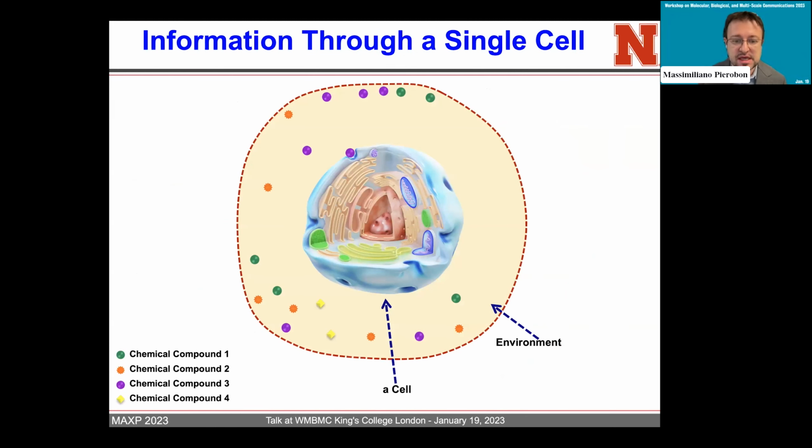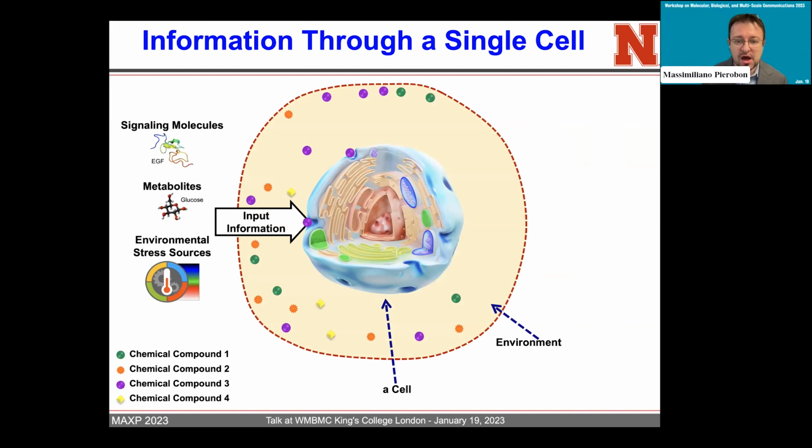If we isolate a single cell, we can understand how the single cell can get input information from the environment: signaling molecules, for example, other cells telling this cell, you are part of the skin tissue, or you are part of this organ, you're a heart cell; metabolites, so nutrients, oxygen, and environmental stress sources, for example, a rise in temperature when we get fever.